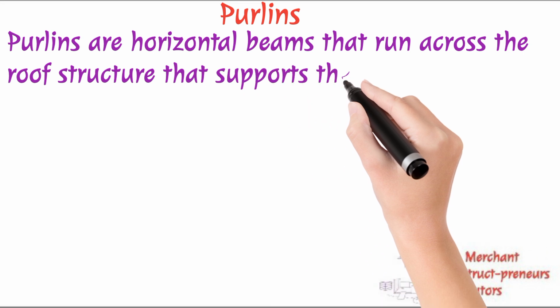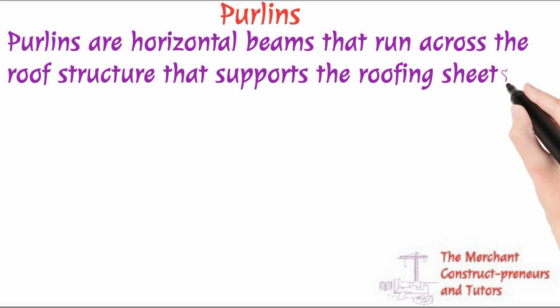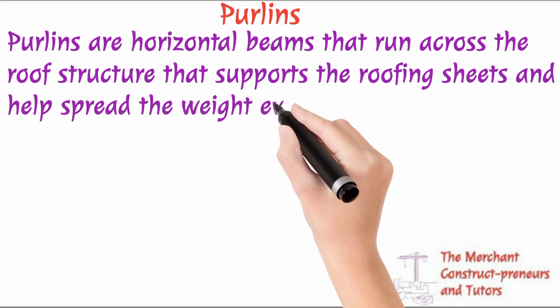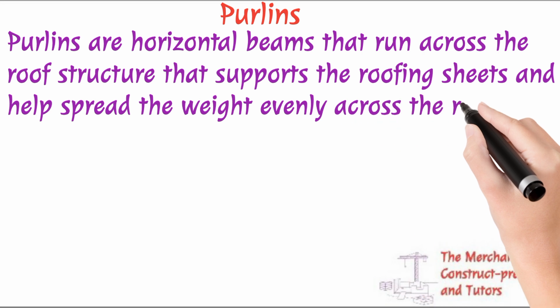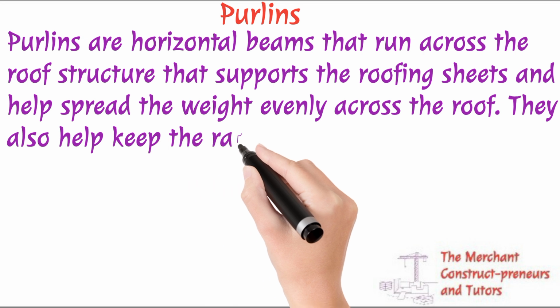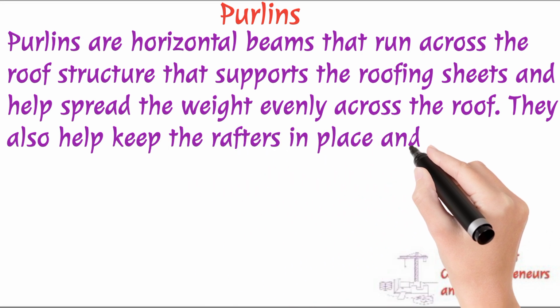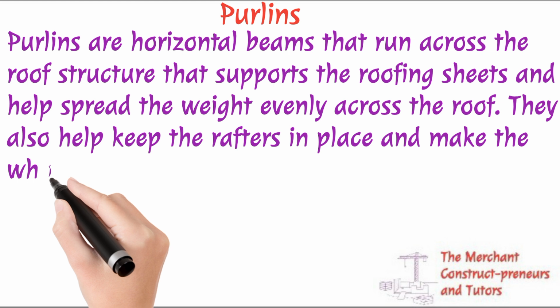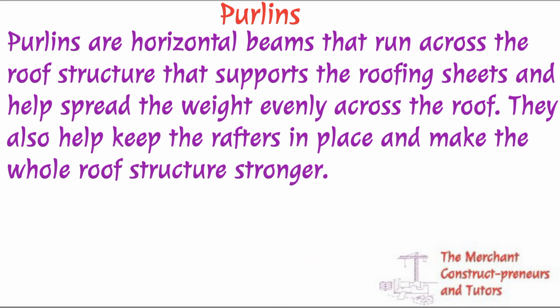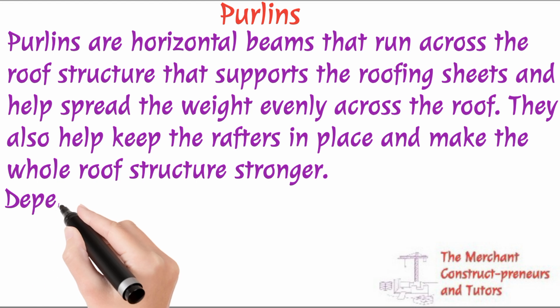Now we're looking at another important element in this roof structure, and that is called the purlins. Purlins are horizontal beams that run across the roof structure that support the roofing sheet and help spread the weight evenly across the roof.